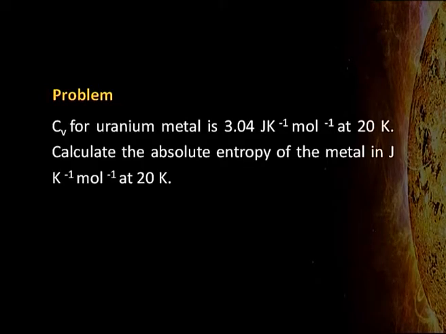Here is the first problem. Cv for uranium metal is 3.04 joules per Kelvin per mole at 20 Kelvin. Calculate the absolute entropy of the metal in joules per Kelvin per mole at 20 Kelvin.